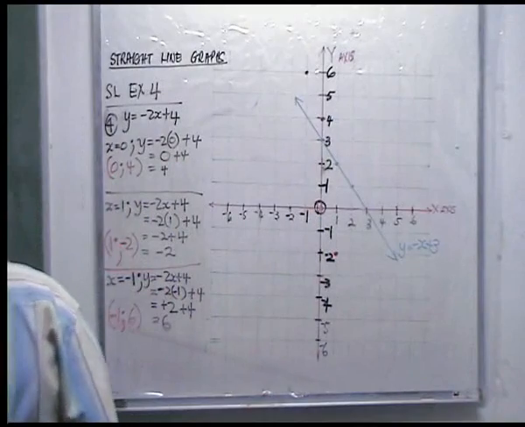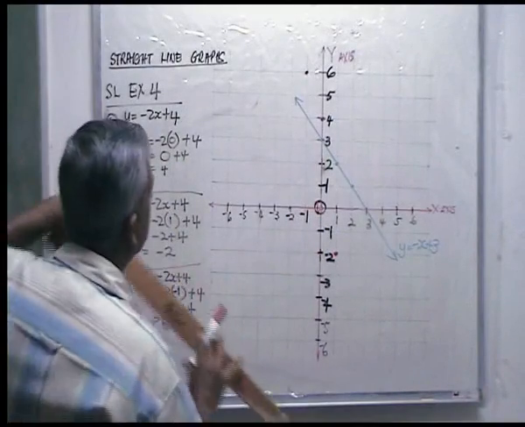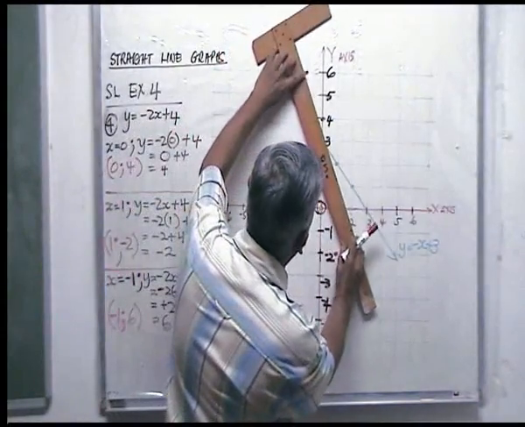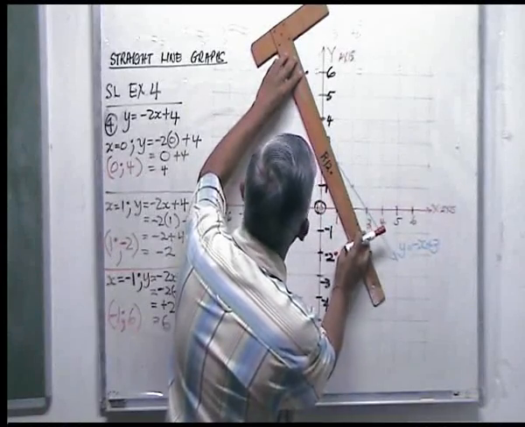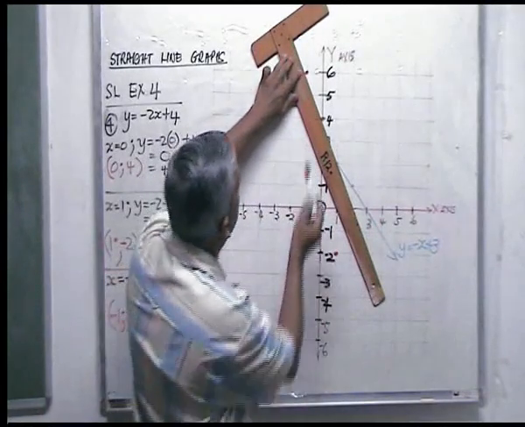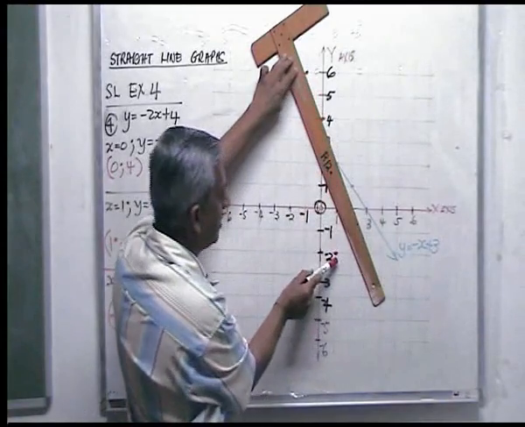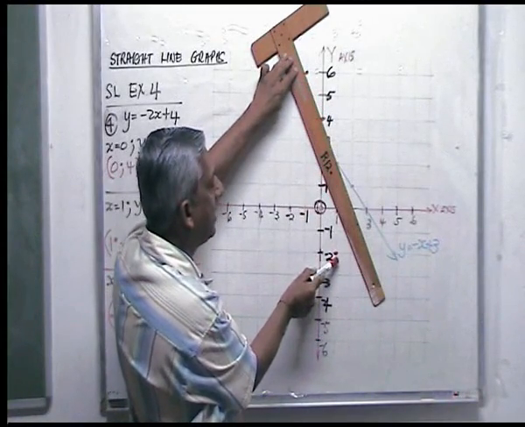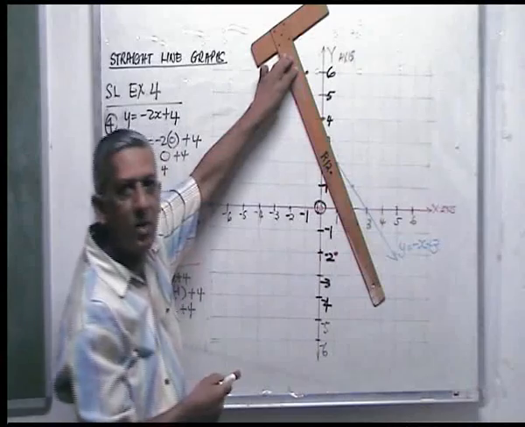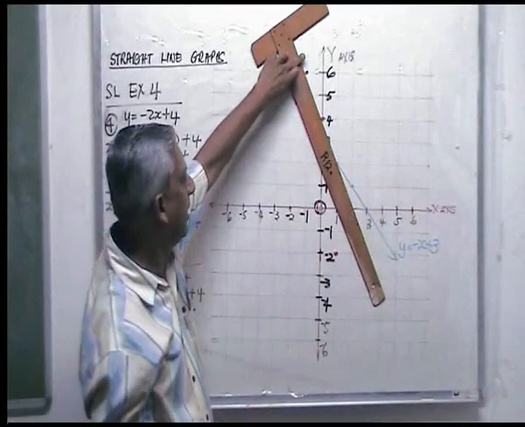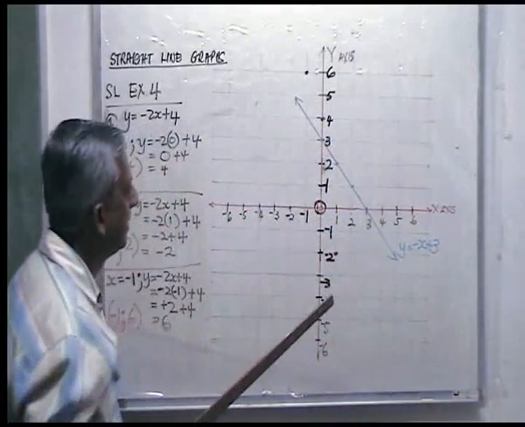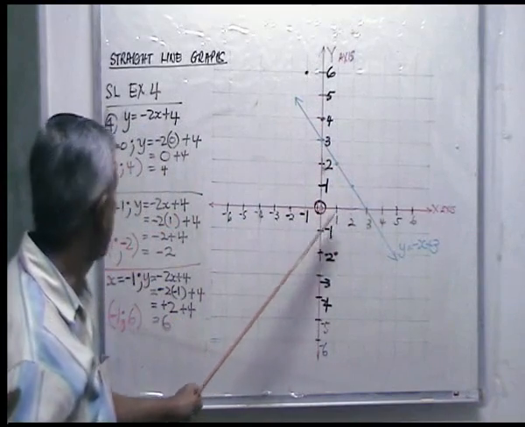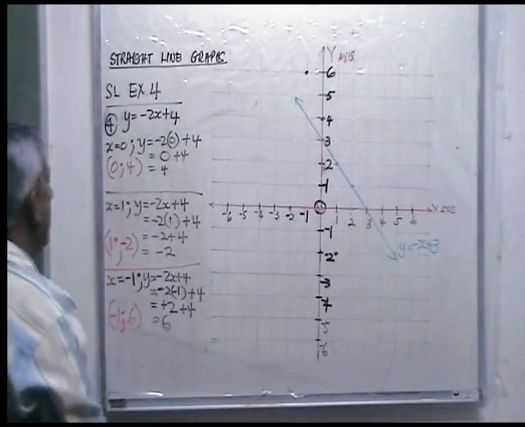Right, take your ruler, place it there, and join them. Now, when you place them, you see, there's a problem. This third one is not lining up. So you know that you made a mistake with your calculations. So you go and check it. You look for your work.